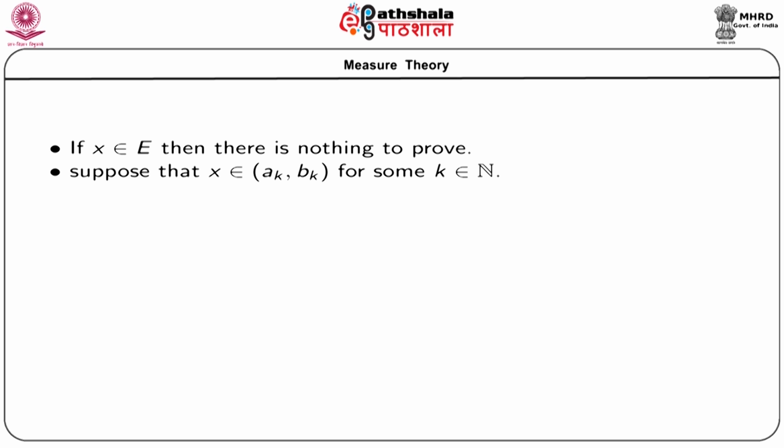So, suppose that x belongs to the open interval (a_k, b_k) for some k belonging to capital N. Otherwise, if we take a point from the complement of E, since the complement is the union of the intervals (a_k, b_k), the point x must belong to at least one of the intervals (a_k, b_k).